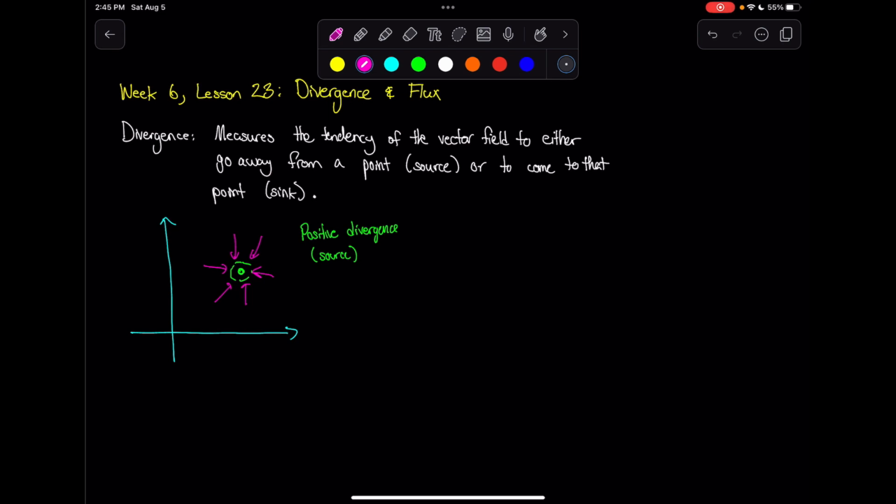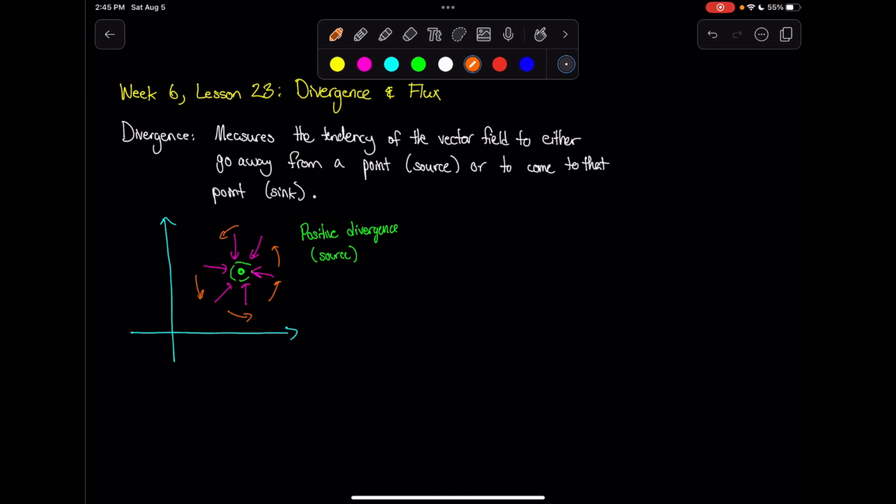So this, again, is another way of talking about vector fields. Obviously, in the last one, we determined if the vector field was going to experience some sort of rotation, right? Would the water be rotating? Is the heat swirling? What's going on? Now we can talk about if there are specific points that act as sinks or sources.